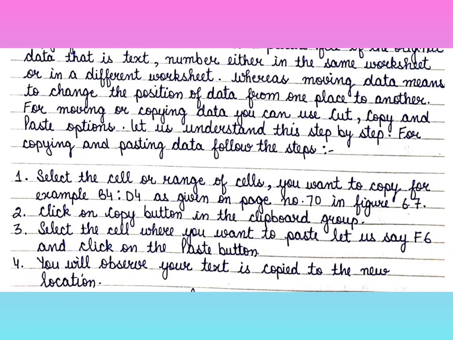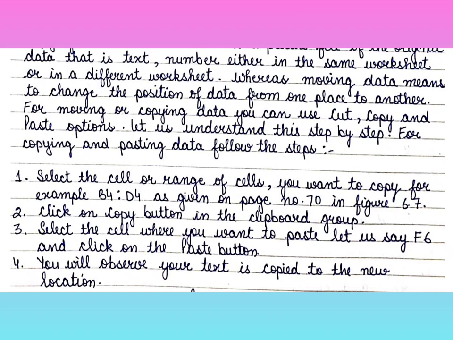Whereas moving data means to change the position of data from one place to another. For moving or copying data, you can use cut, copy, and paste options. Let us understand this step by step.